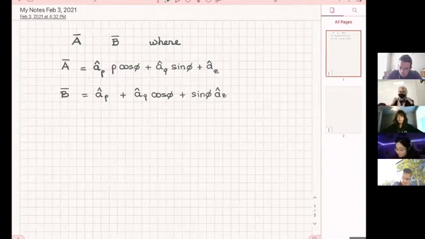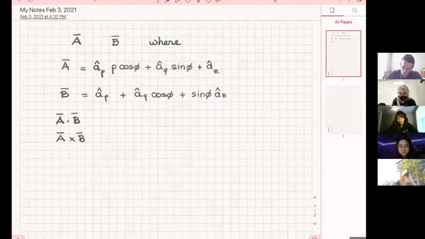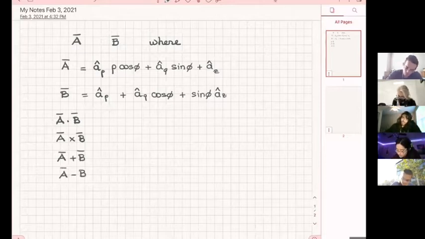And let's assume now that I'm asking you to do the following. To find A dot B, okay? I would like you to find A cross B, and then I would like you to find A plus B and A minus B. Okay, we'll start one at a time, all right?